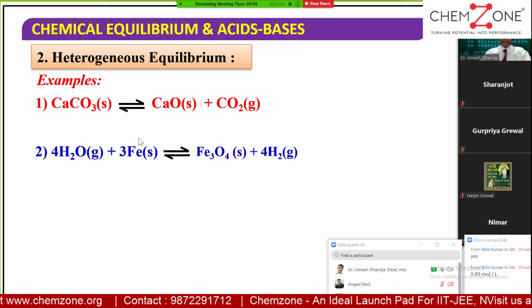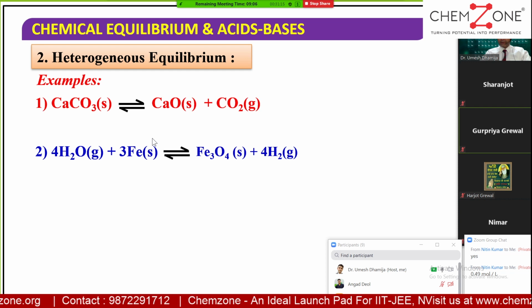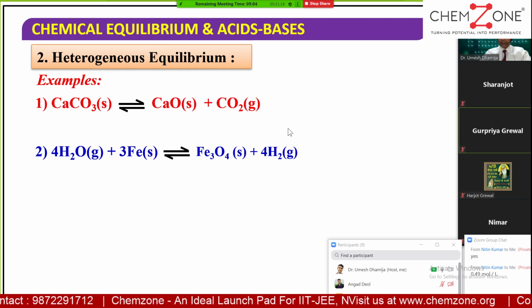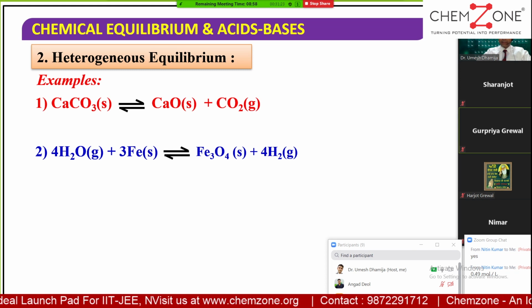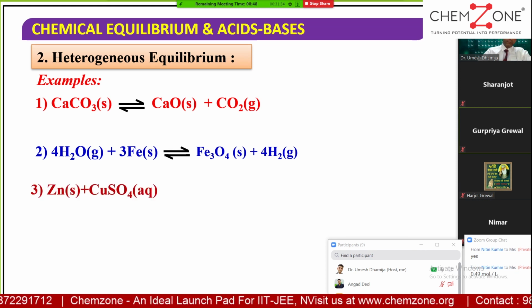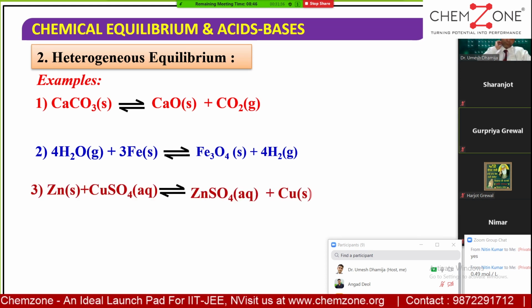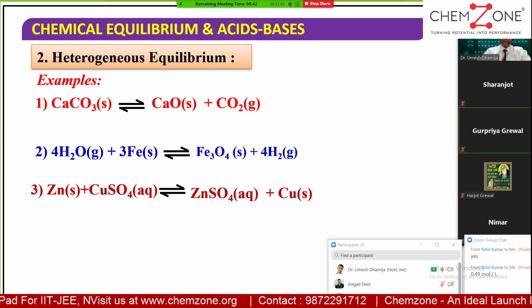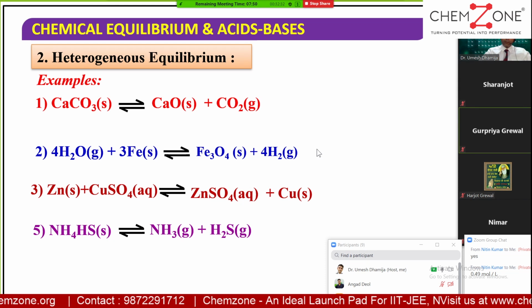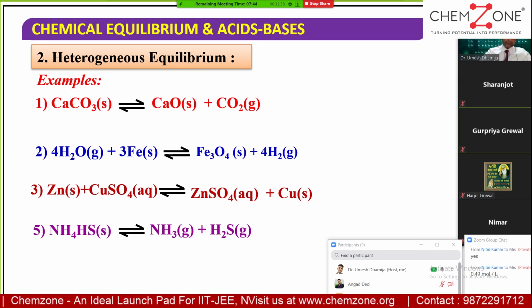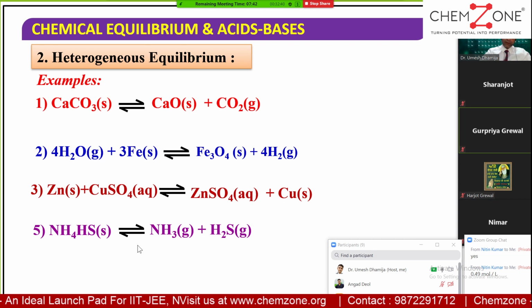You can see in this reaction iron is solid here and carbon and hydrogen is a gas here. So this is an example of a heterogeneous equilibrium. If the physical state is not matching here, see this one, ammonium hydrogen sulfide with ammonia and H2S, different physical state.